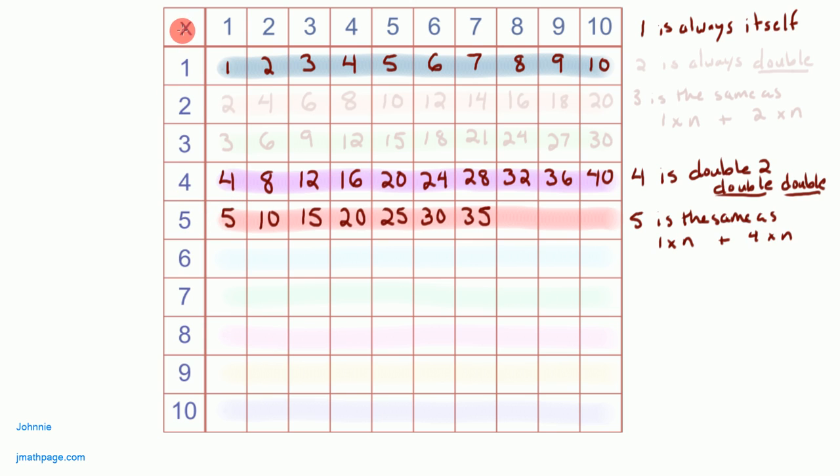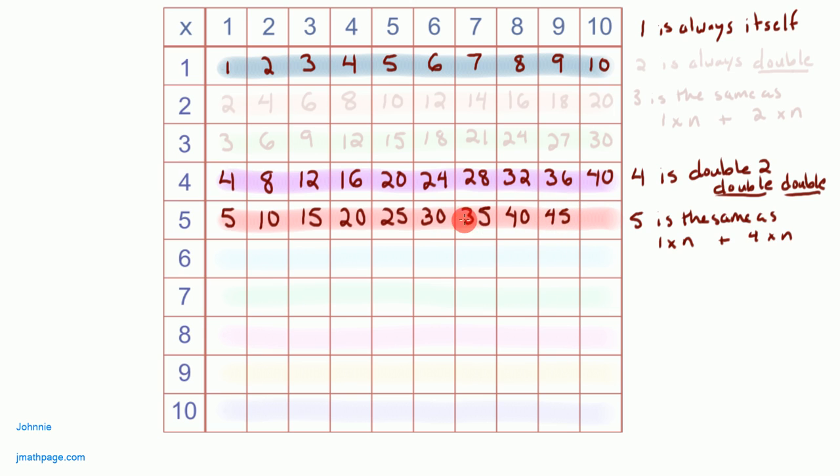5 times 8 is the same as 1 times 8 plus 4 times 8. 8 plus 32 gives us 40. 5 times 9 is the same as 1 times 9 plus 4 times 9. 9 plus 36 gives us 45.